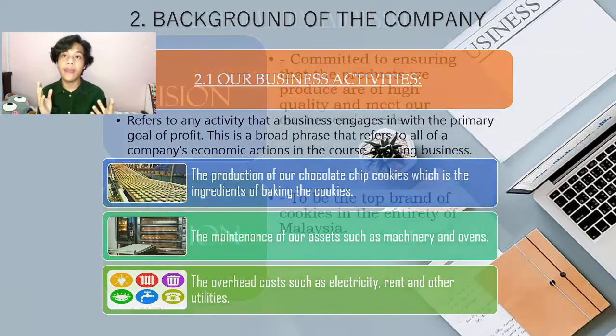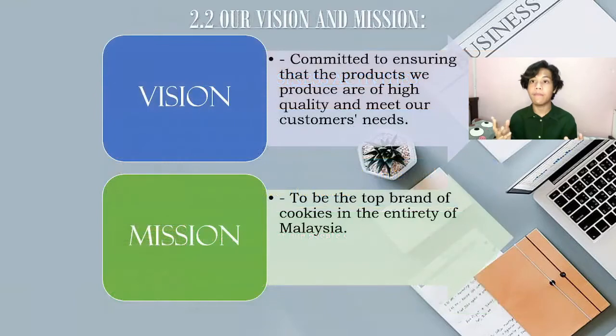Next, our vision and mission. What is vision and mission? A vision is a vivid mental image of what you want your business to be at some point in the future, based on your goals and aspirations. Having a vision will give your business a clear focus and can stop you heading in the wrong direction. Meanwhile, a mission is a concise explanation of the organization's reason for existence.